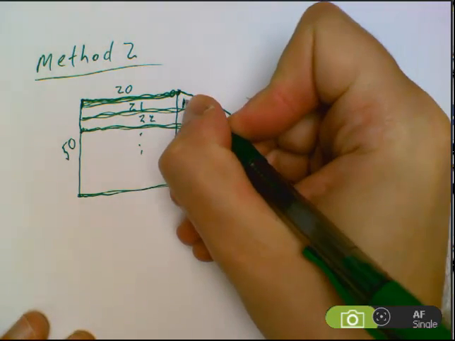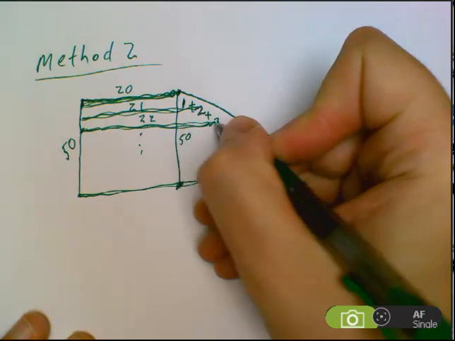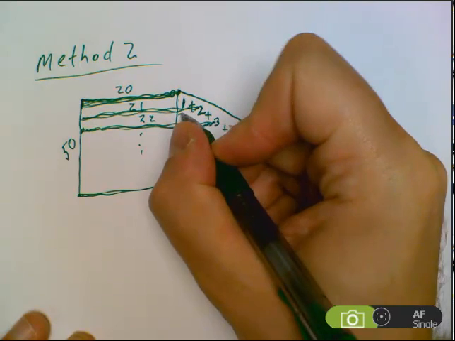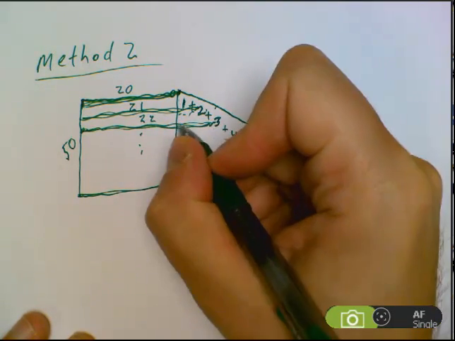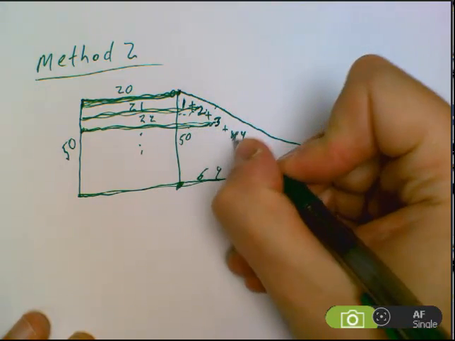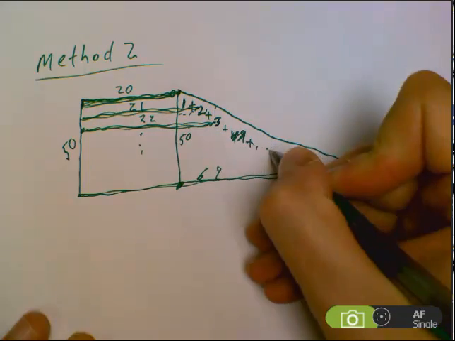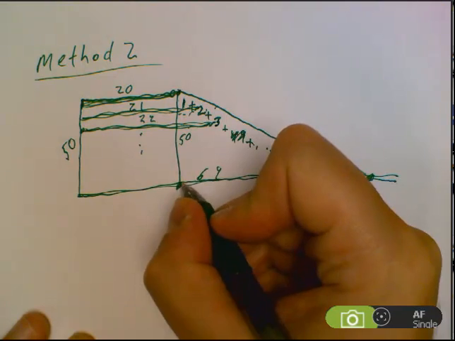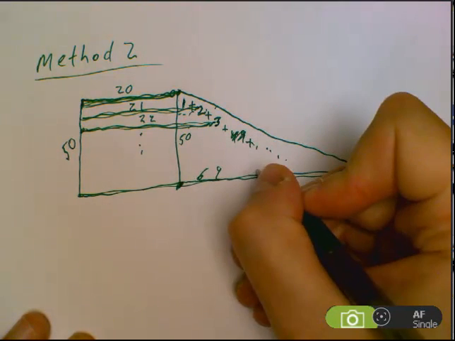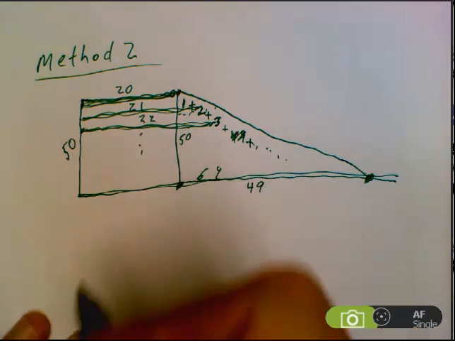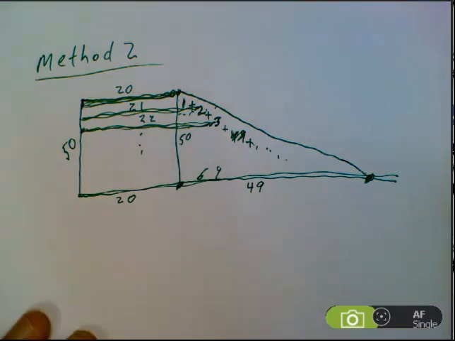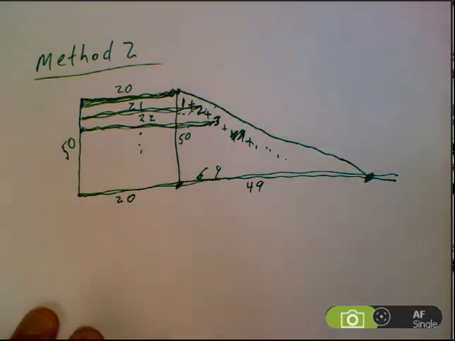The second row we'll have 1, and the third row will have 2 additional seats. The fourth row will have 3 additional seats, all the way down here, and this last row will have 49 additional seats. And over here we've still got 20, so that's how we still get 69 along the bottom.